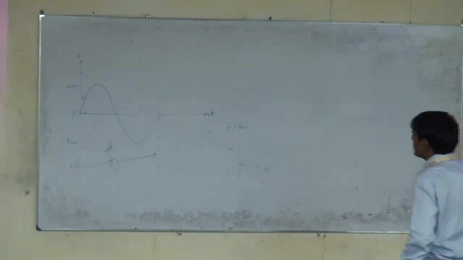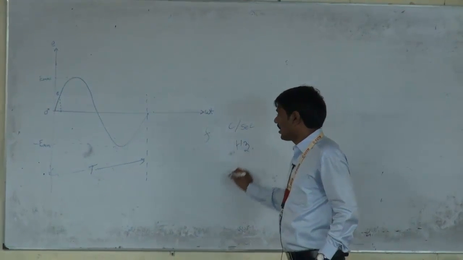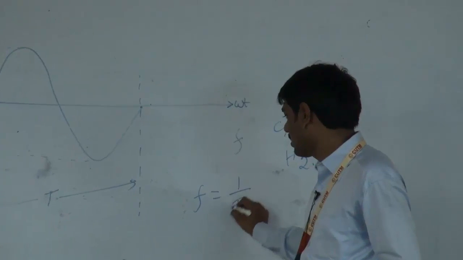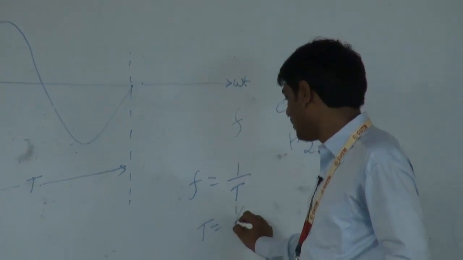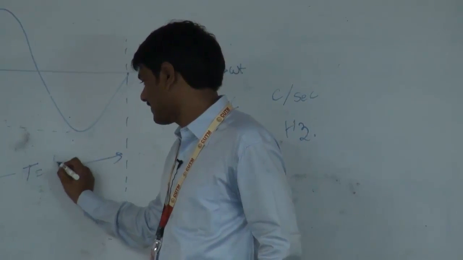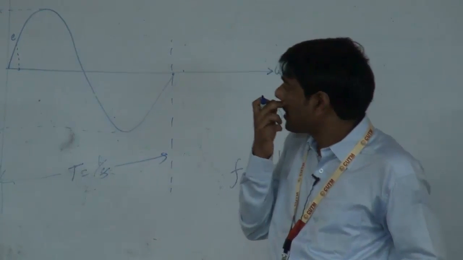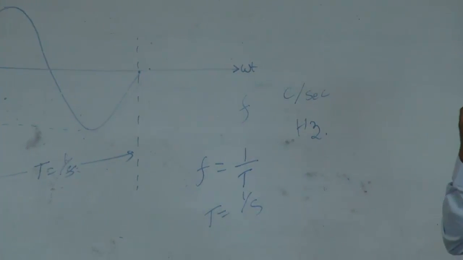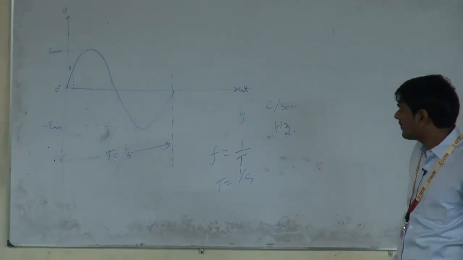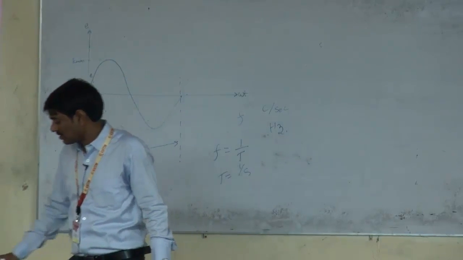The unit of frequency is Hz. Frequency is the reciprocal of time period, 1 by T, or T is equal to 1 by f. Where time period is the time taken by the alternating quantity to complete one cycle, and frequency is the number of cycles that occur in a second.